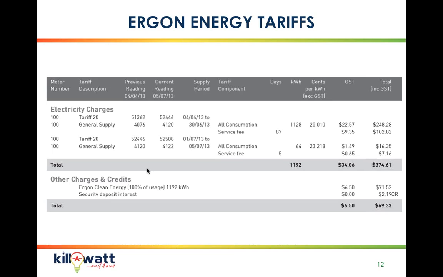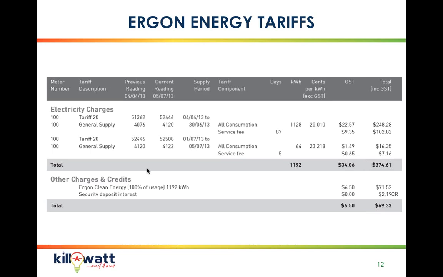Okay, into the Ergon Energy tariffs. Here, on the back of the page, this is over a change of financial year, so there are two separate readings. There are customers on tariff 20, and you have a previous reading and a current reading, which shows you the differential of the kilowatt hours they've used. In this period of 87 days, they've used 1,128 kilowatt hours.